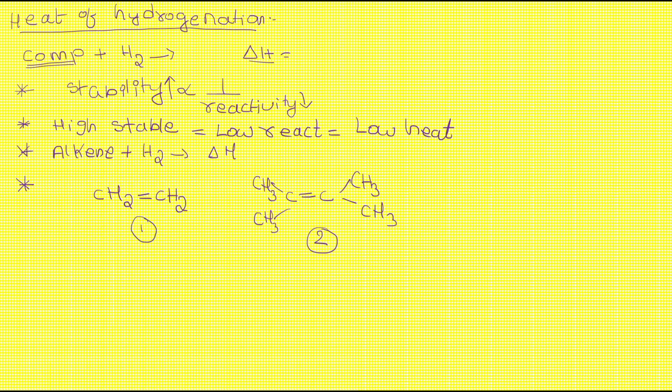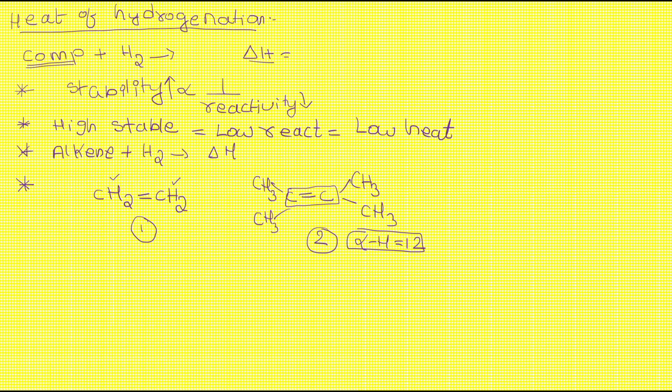More substituted means the double bonded carbon atoms are surrounded by a greater number of carbon atoms. Here in the first, the double bonded carbon atoms are surrounded by only hydrogen atoms. As per hyperconjugation, the more alpha hydrogen atoms, the more stable the double bond will be. Here in the second example, we are having 12 alpha hydrogen atoms.